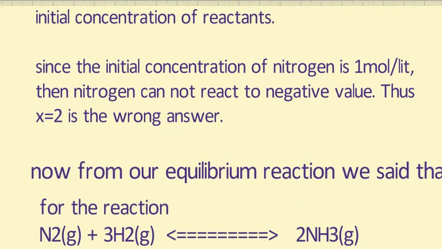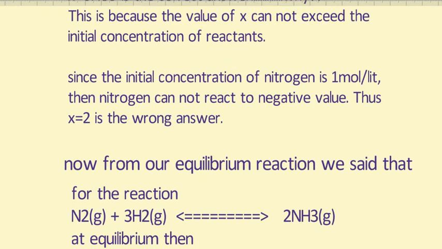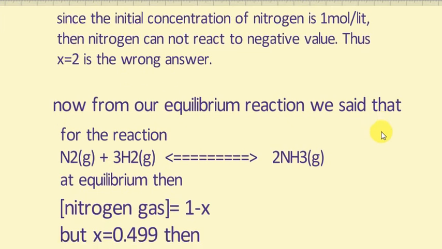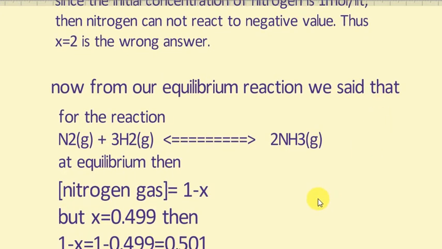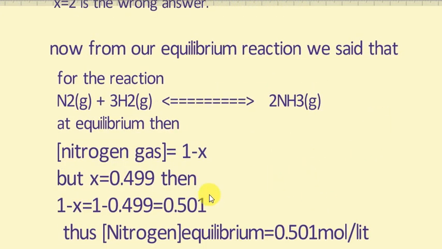Now we continue with x now what? It is 0.499. From our equilibrium equation, the concentration of nitrogen is what? 1 minus x, which is what? It is 1 minus 0.499.